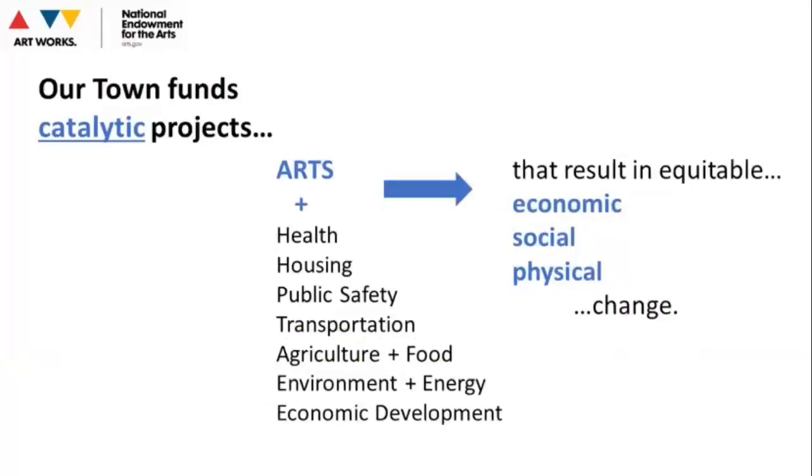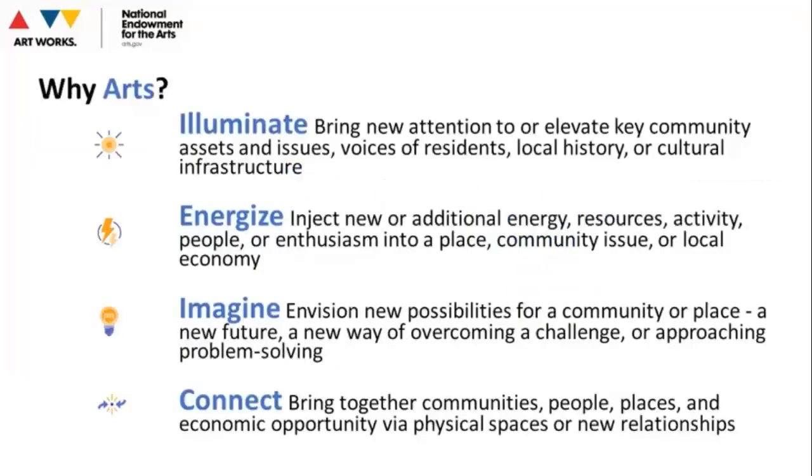They are creating equitable changes in the dimensions of economic, social, and physical systems in our world. And so working with 2M Research and Metris Arts Consulting, they started to identify what these outcomes were, and then also, as part of the theory of change, started to look at how the arts were creating these changes, and why we want to advocate for arts being at the table.